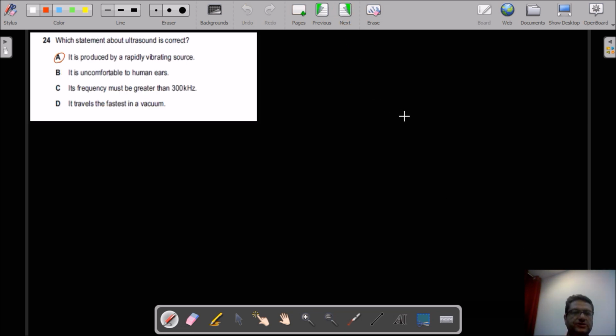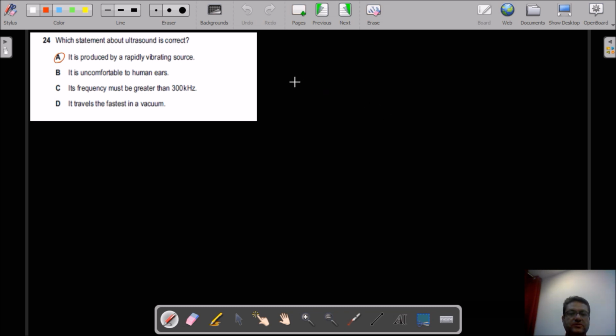Question 24, which statement about ultrasound is correct? We know that ultrasound is produced by a rapidly vibrating source. A will be right. It is uncomfortable to human ears. No, this is wrong. Its frequency must be greater than 300 kilohertz.